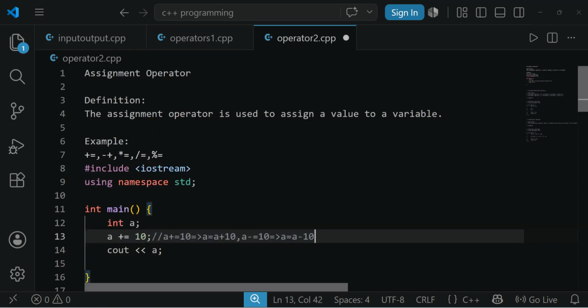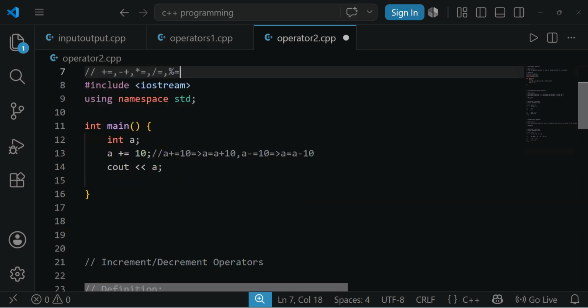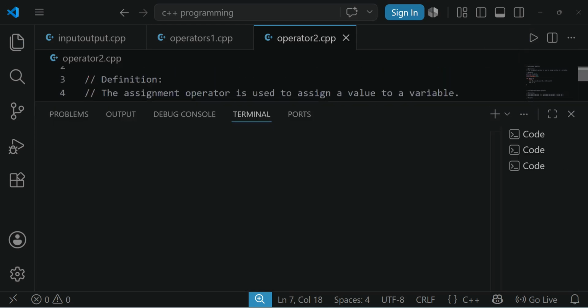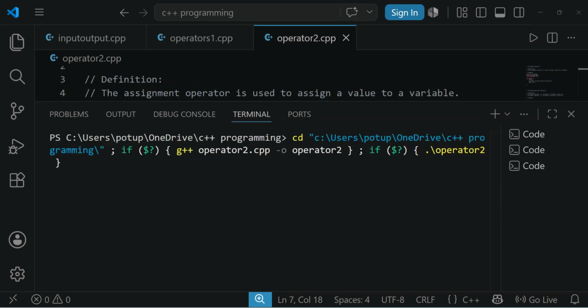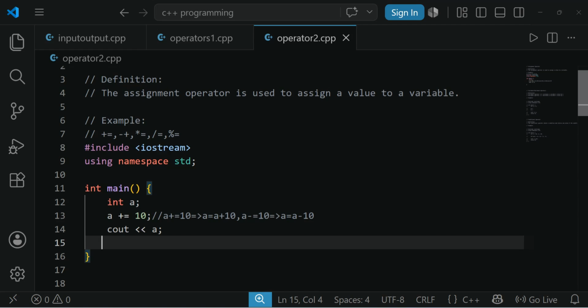So let me run this program. Save the program. Run the program. Okay. Here you can see, did anything go wrong? We have written cout A plus equals to 10.